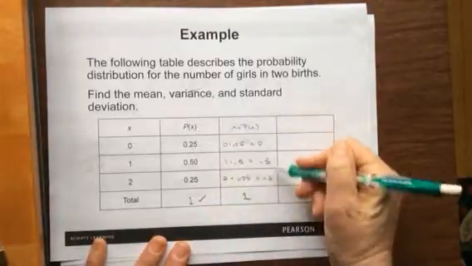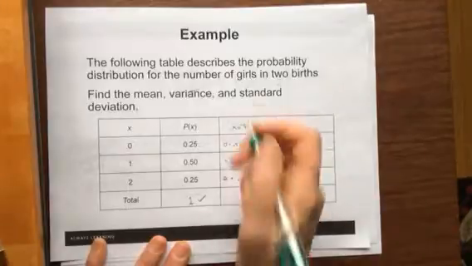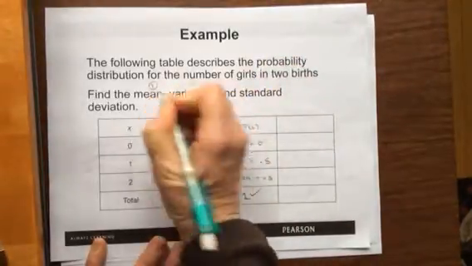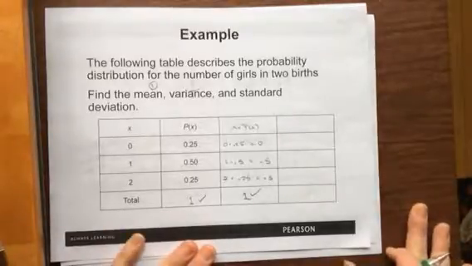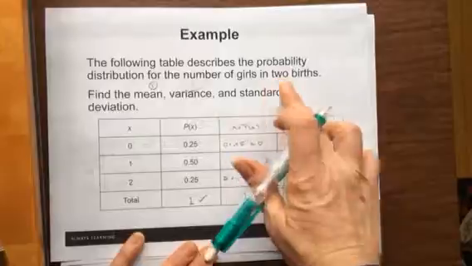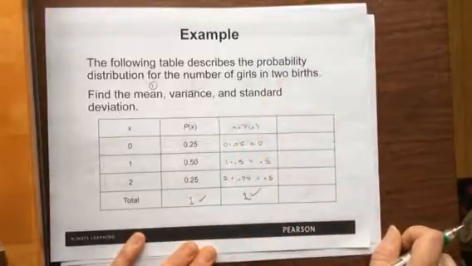Add them all up, and I get my mean. So my mean is 1. On average, you'd have 1 girl. If over and over again, people had 2 children, on average there'd be 1 girl.